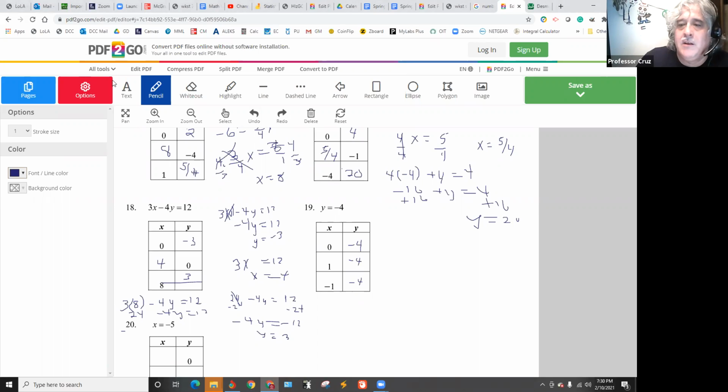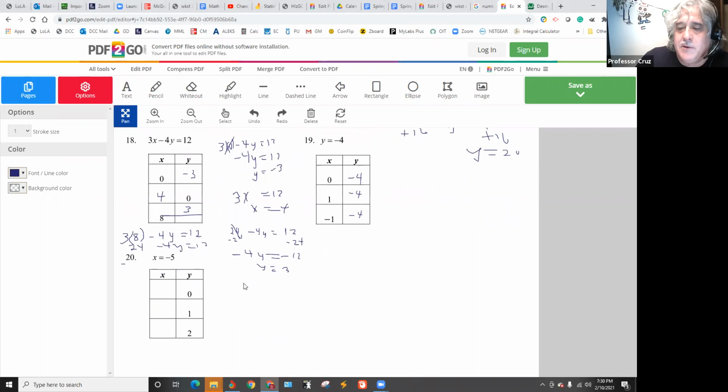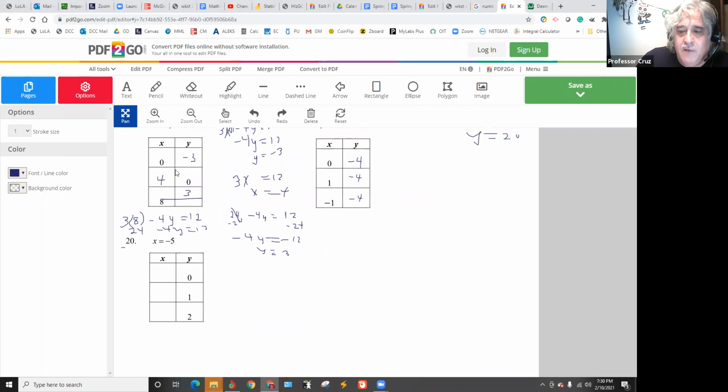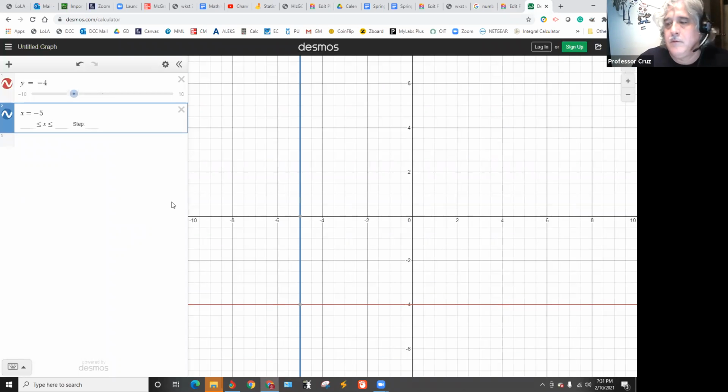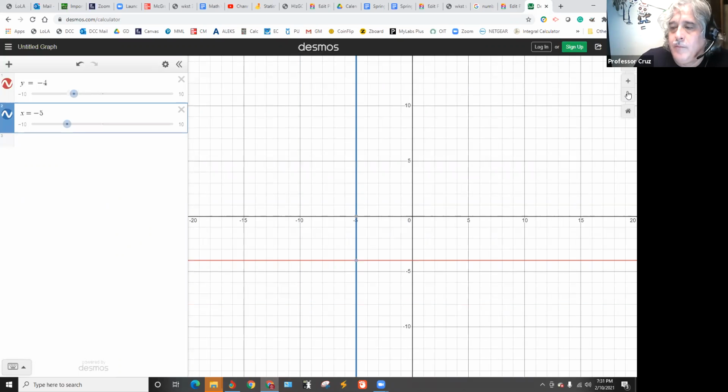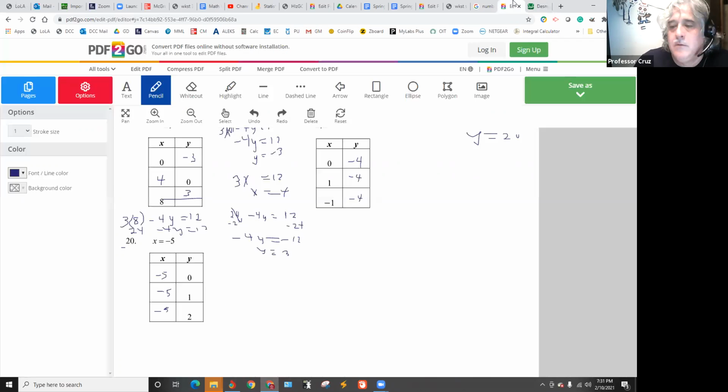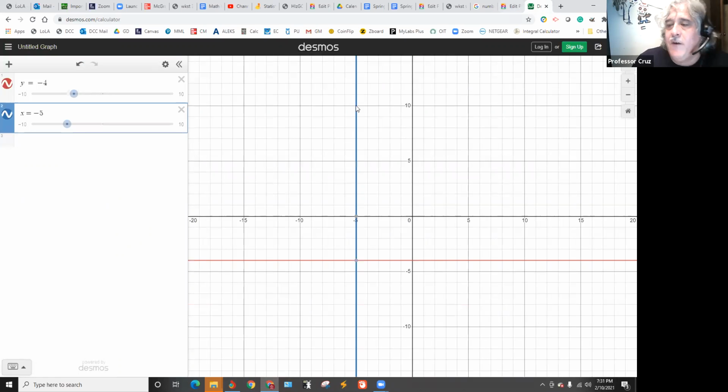Now the same thing is going to happen with this. It's just going to be the opposite. So this one is -5 all the way down. And I'm going to graph it for you in a second, just so you can see the difference in the two lines. All right, there's the graph for x is equal to -5.